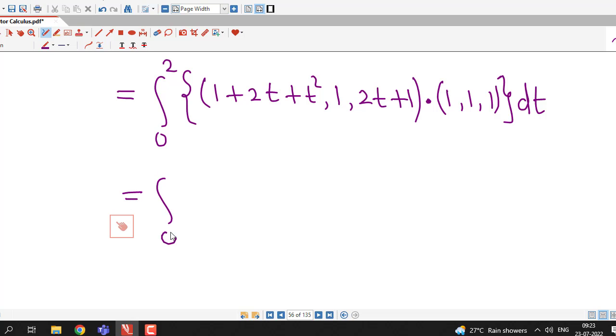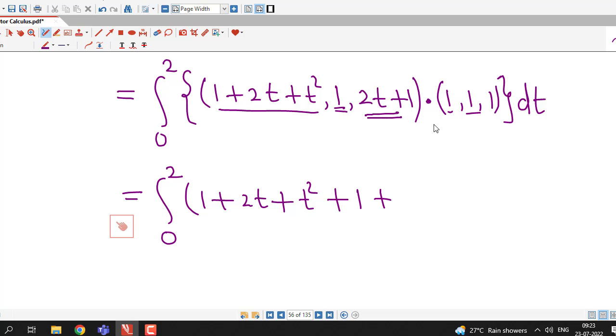The dot product is easy: we multiply corresponding components and then add them. So 1 plus 2t plus t square into 1 is 1 plus 2t plus t square. Similarly, the second component is 1 into 1, which is 1. The third component is 2t plus 1, multiplied with 1.